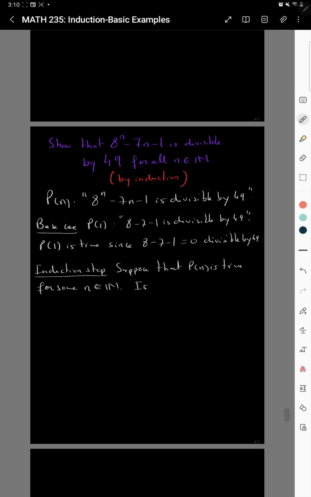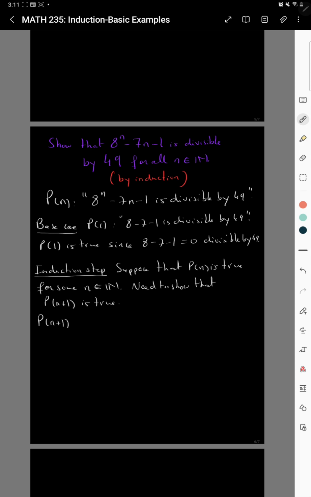We need to show that Pn plus 1 is true. Now what does Pn plus 1 state?